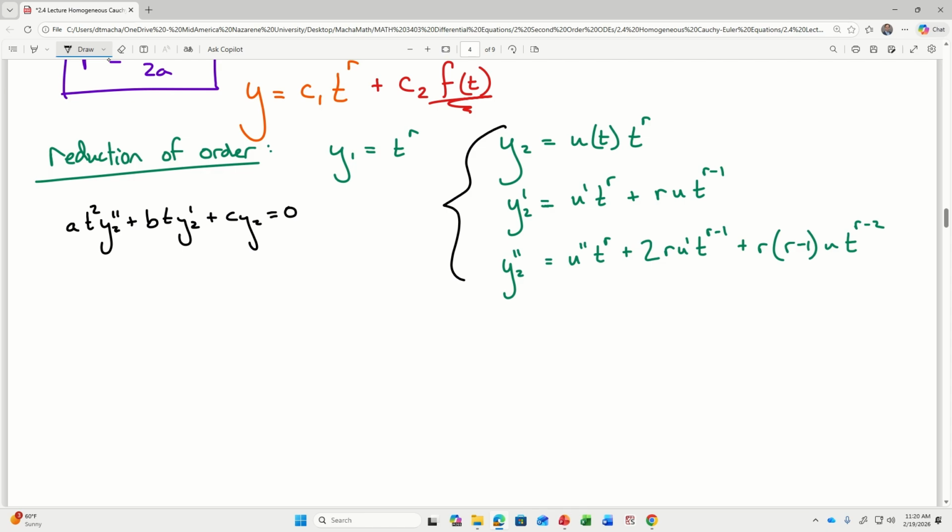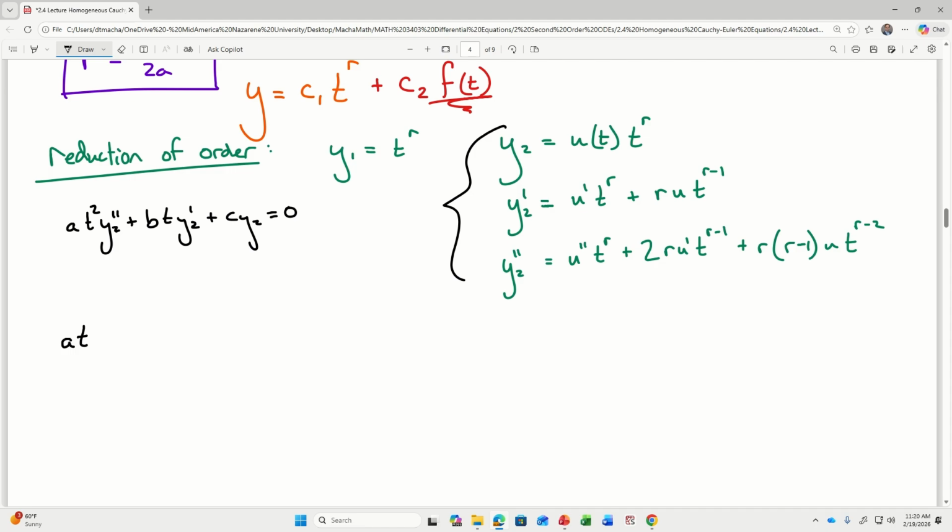We're going to get a t squared times all of this stuff. I'm going to go ahead and distribute, so I'm not going to try to write this down a whole bunch of times. I'm going to distribute a t squared to each one of these terms in y double prime.